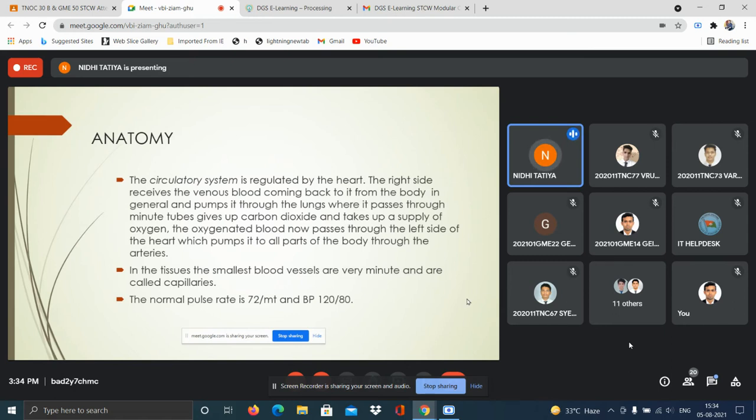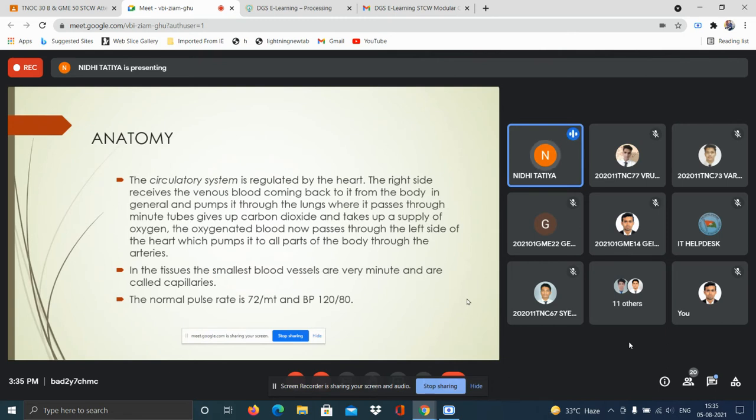Now this is deoxygenated blood. There is another rule that I want you to know: anywhere in the body, arteries carry pure blood and veins carry impure blood. And the only exception to the rule is the pulmonary artery and pulmonary vein. There is a reversal of role there.